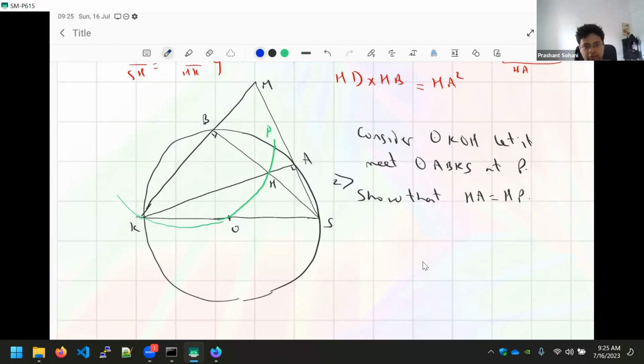But yes, angle chasing is the right approach, or at least one of the easiest approaches to follow. Yes, Ruhan, you also solved it. Okay.